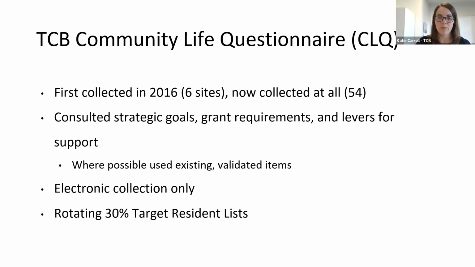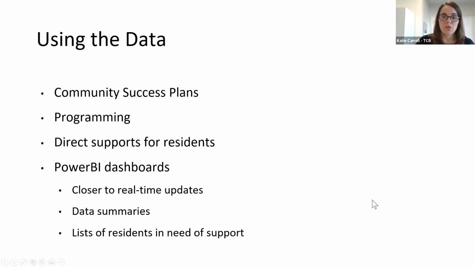So it gives residents a break from answering the questions every year, and staff are only focused on 30% of residents versus 70%. We generated the list using the statistical software package R to randomly select 30% of residents. Then we shared their names and contact information on a target resident list that went out to each staff member, so each site had their own list to reach out to.